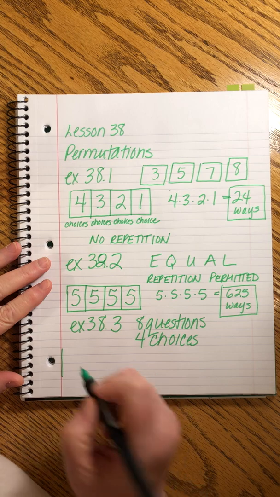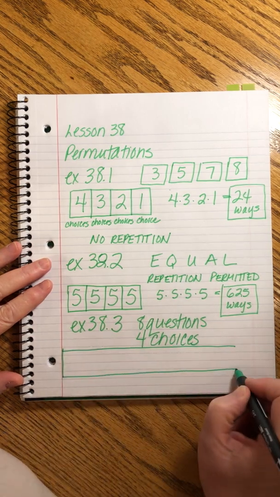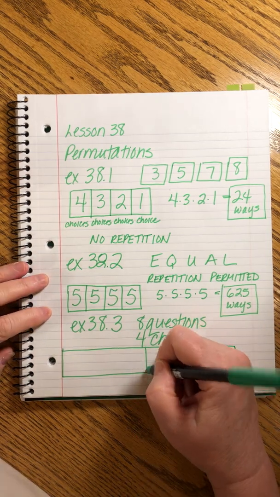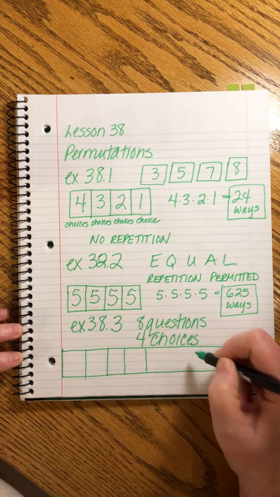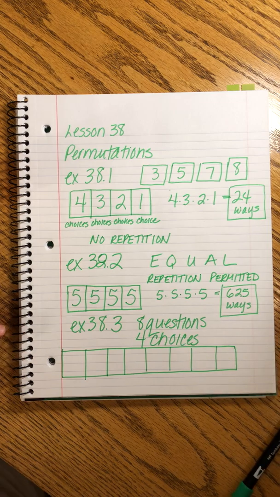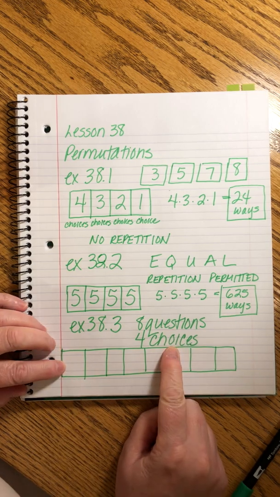First, let's draw our sample size, if you will. Okay, this is our test. There are 8 different questions. So we have 8 different opportunities to make a choice, right? Now, when we sit down and do the first question, there are going to be 4 choices after it, right?